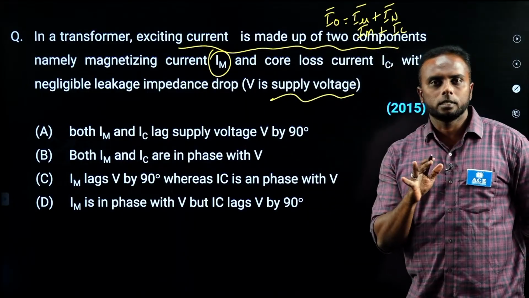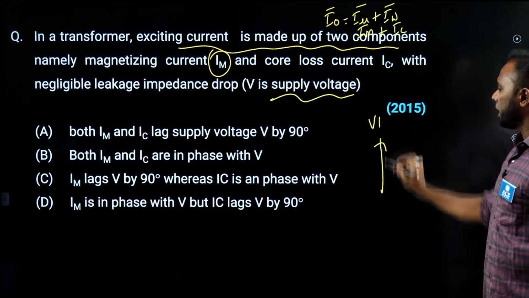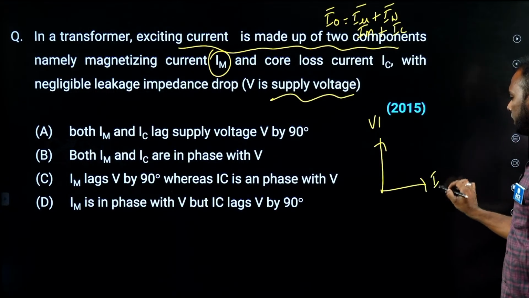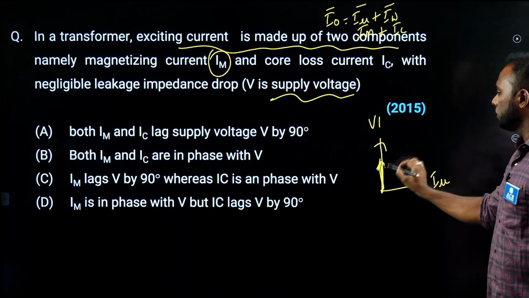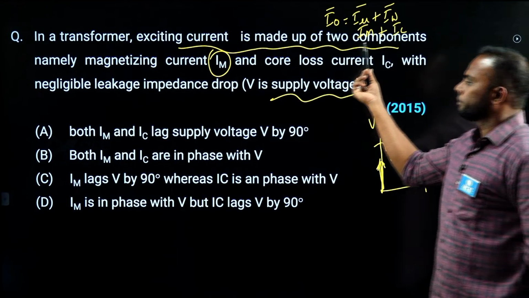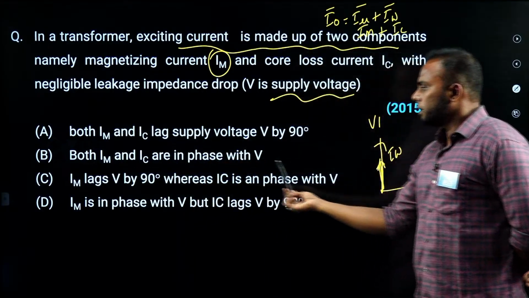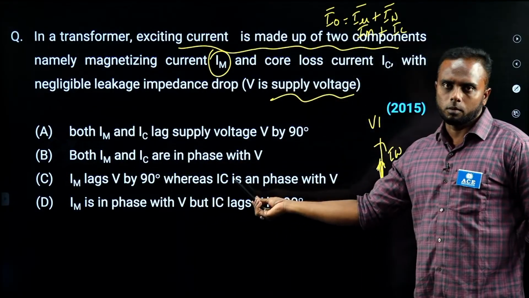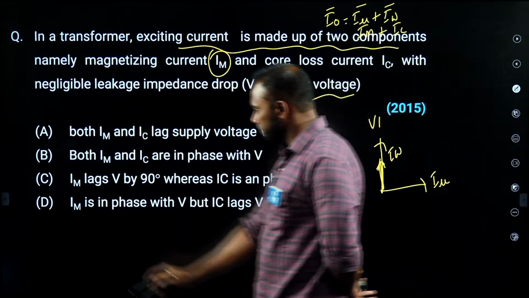How are those two currents related to the supply voltage? We know that if this is the supply voltage, the magnetizing current lags the voltage by 90 degrees, and the iron loss current will be in phase with it. This is IW. So here I mu is nothing but IM. IM lags voltage by 90, and IC, the core loss component of current, is in phase with voltage. So option C is the correct answer.